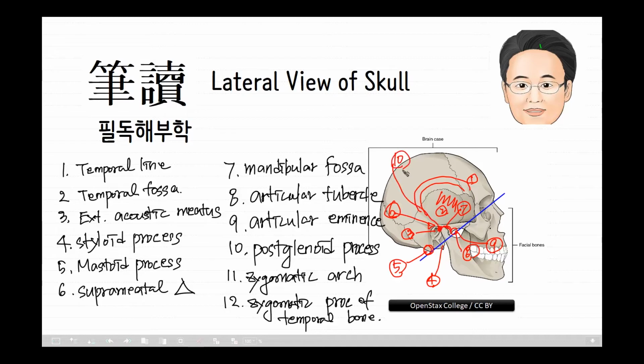Number 11, zygomatic arch is here. Number 12, zygomatic process of temporal bone is part of the zygomatic arch, in some part around here. Okay, now I will describe these structures in detail.